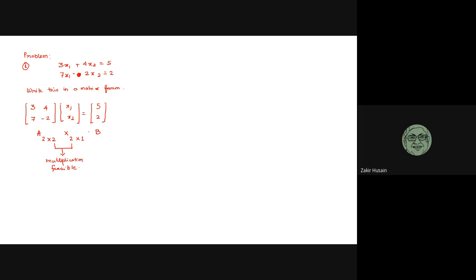And the resultant matrix is 2 into 1. This 2 comes from here and the 1 comes from here.